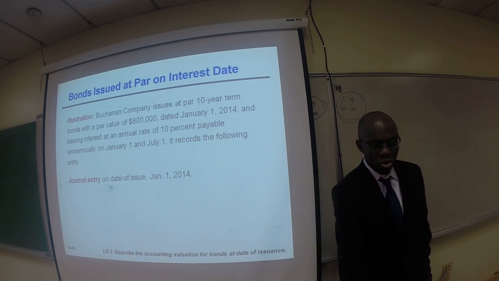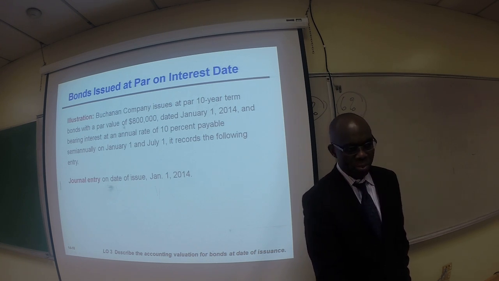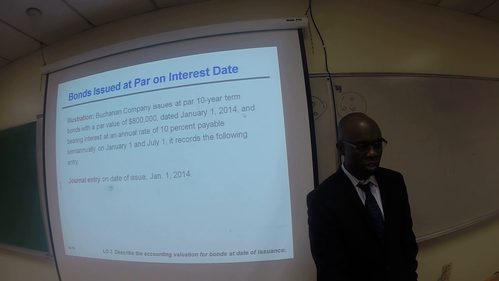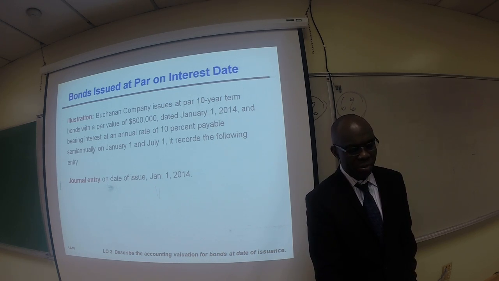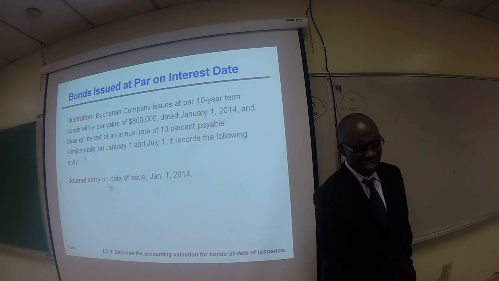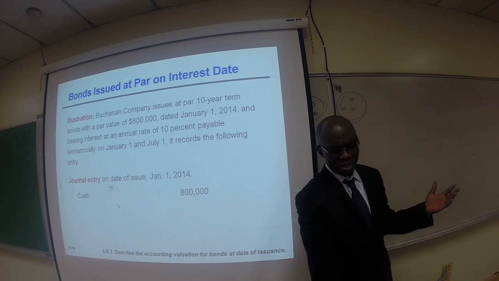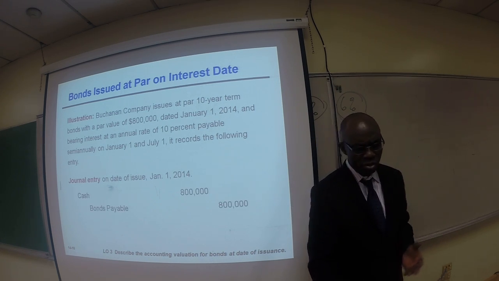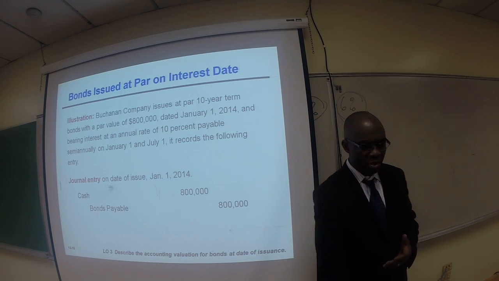This company issued at par a 10-year term bond with a par value of $800,000 dated January 1st, 2014, bearing interest at an annual rate of 10% payable semi-annually on January 1 and July 1. It records the following entry. Clearly, this is issued at par value, so the company received $800,000. Cash is debited for $800,000, and bonds payable is credited for $800,000.